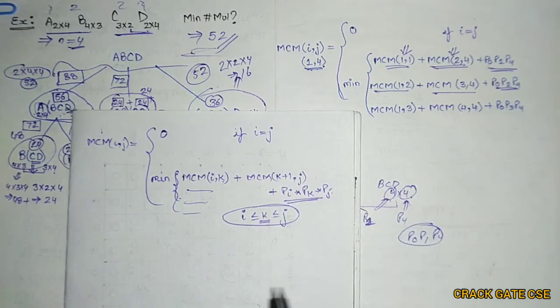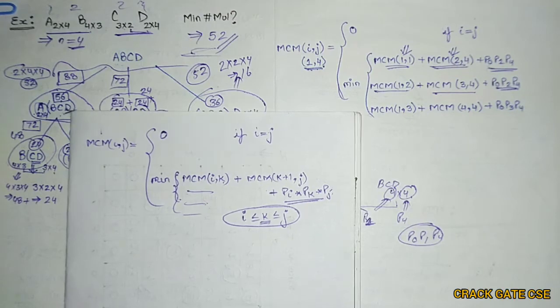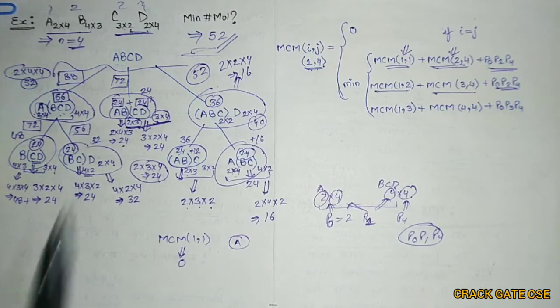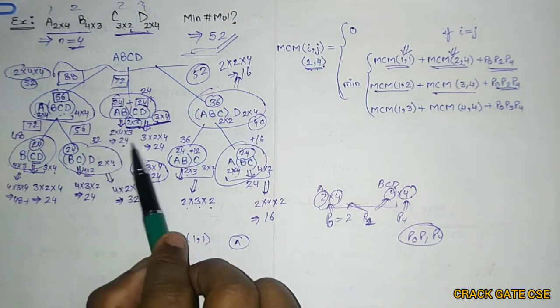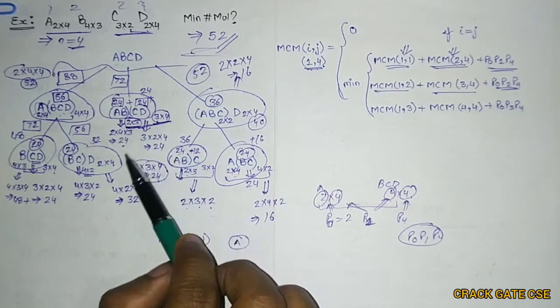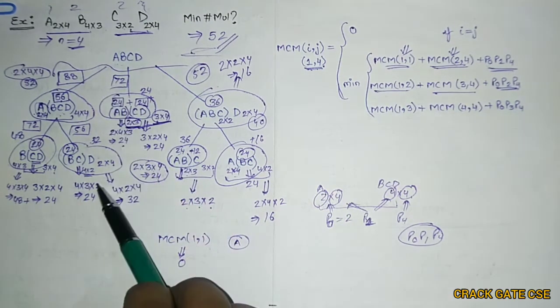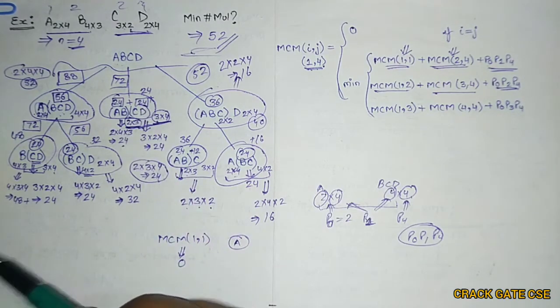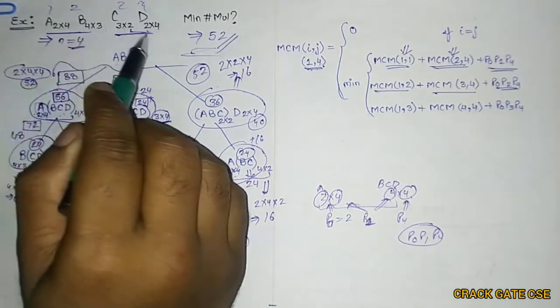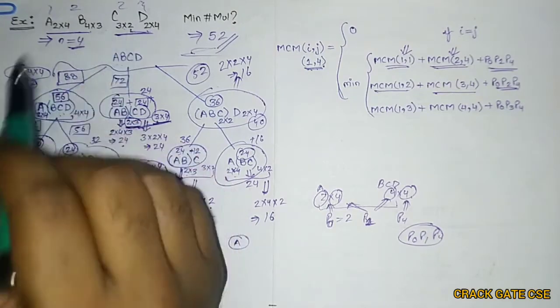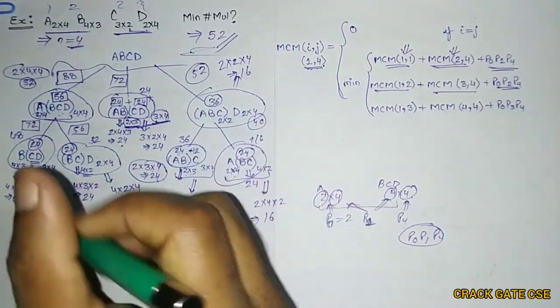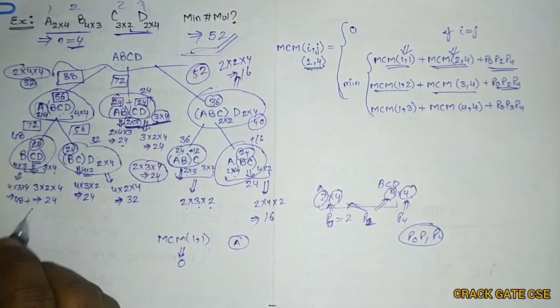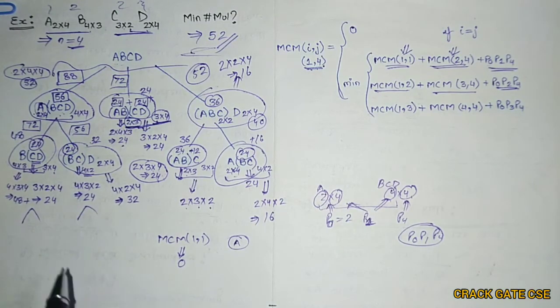Now let's see what the time complexity is. If you check at this particular page, here I am taking the tree method. So how many levels do we have here? Here I have 4 matrices, so the number of levels will be 4, because this CD can also expand, and this BC can also expand.